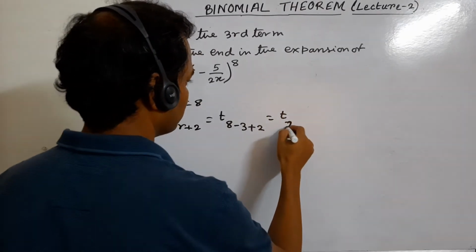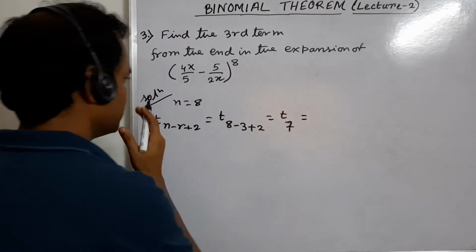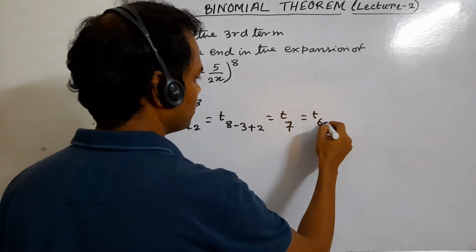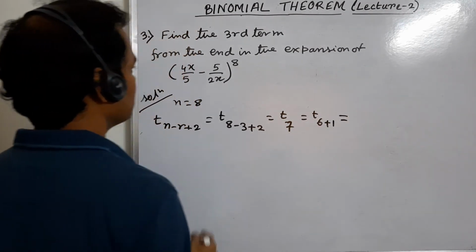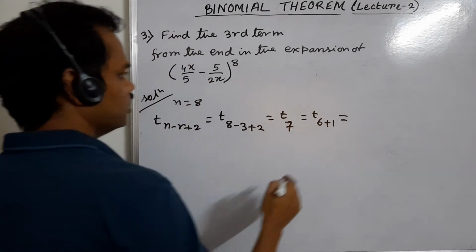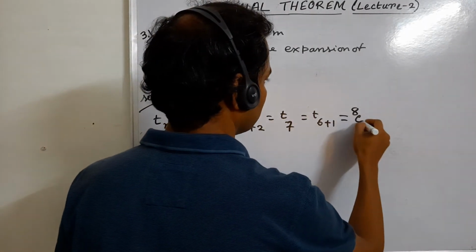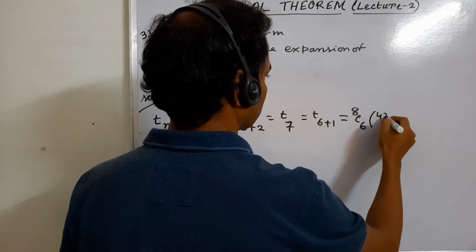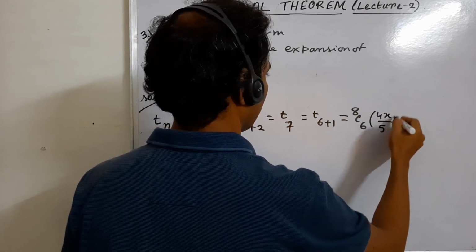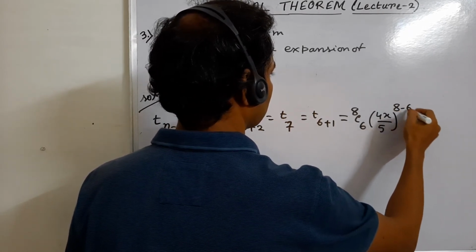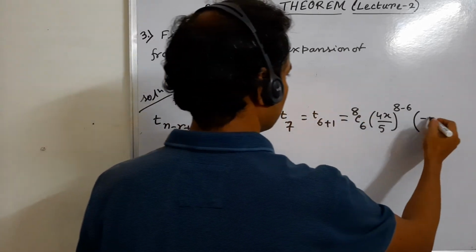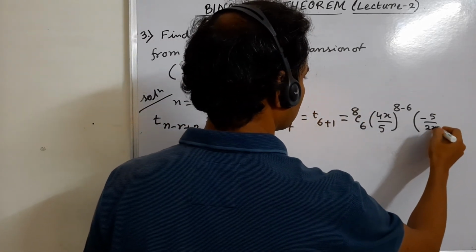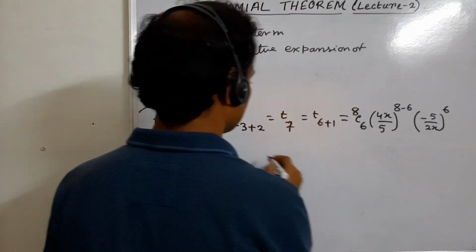T7 can be written as T(6+1). So T(6+1) of this term is 8C6 (4x/5) to the power 8 minus 6 and (minus 5/2x) to the power 6.